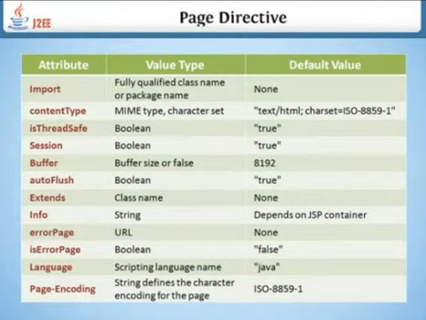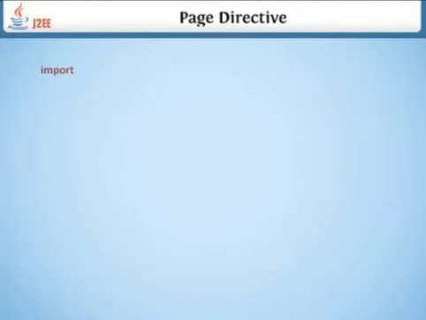Each attribute has a different kind of value type and default value. You can see import. It is similar to the import keyword in a Java class or interface. It is used to import a class or interface, all or a member of a package.